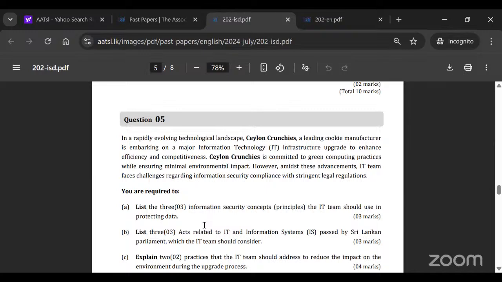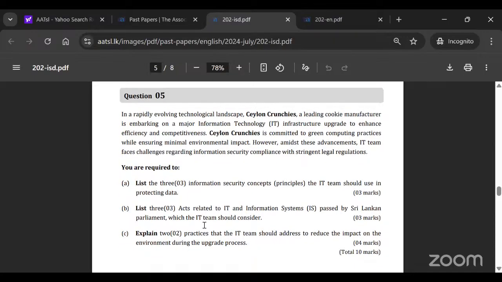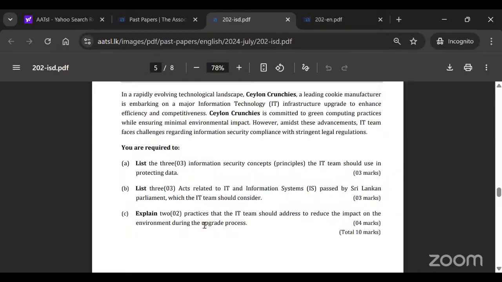stringent legal regulations. List the 3 information security concepts, principles the IT team should use in protecting data. List 3 acts related to IT and information systems passed by the Sri Lankan Parliament, which the IT team should consider.